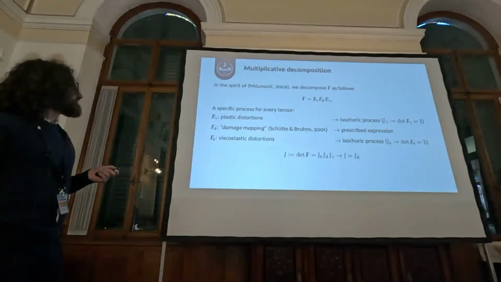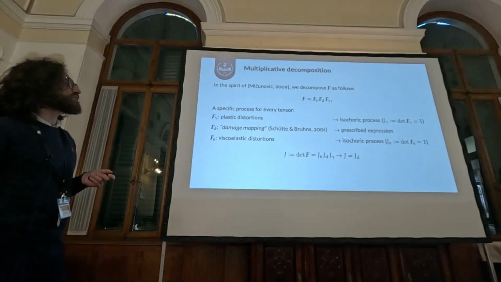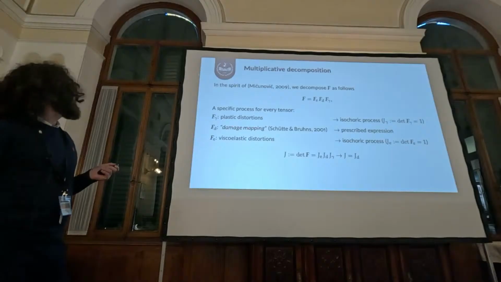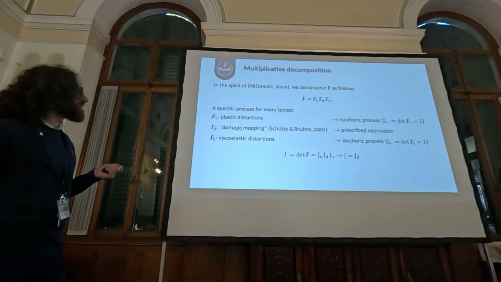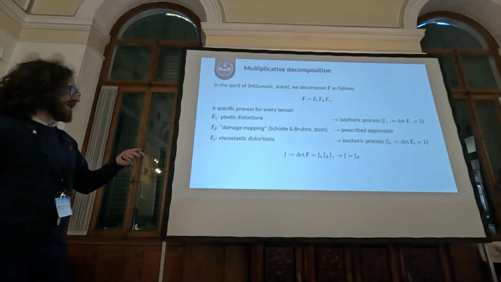The same happens for the tensor Fe that is associated with the viscoelastic distortions, and this process is also forced to be isochoric, so the determinant of Fe is equal to 1. A different treatment is given to the damage mapping, the tensor related to the distortion from the damage, which will have a prescribed expression in the next slides.